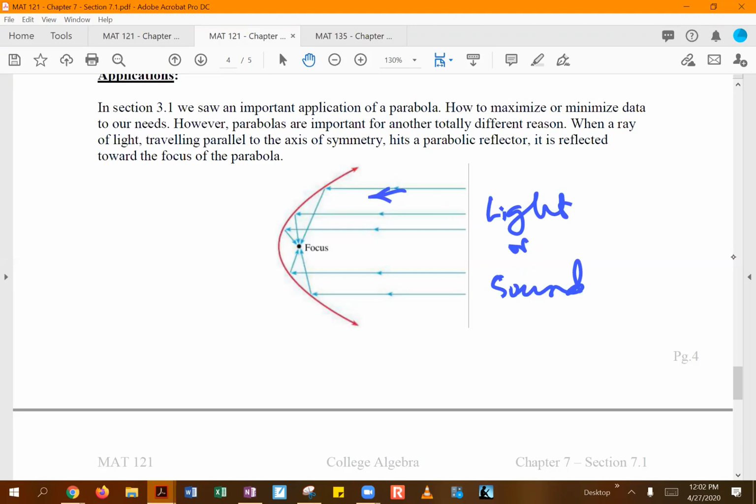And it's going to bounce on that parabolic surface. The reflective property of this parabola is such that it will bounce on this parabolic reflector, and then all of these light beams or sound waves, whatever they are, are going to concentrate right here at the focus. So, this is the technology used in telescopes.